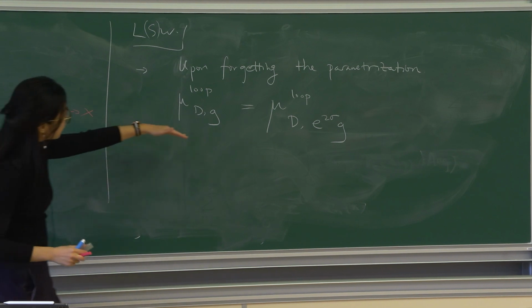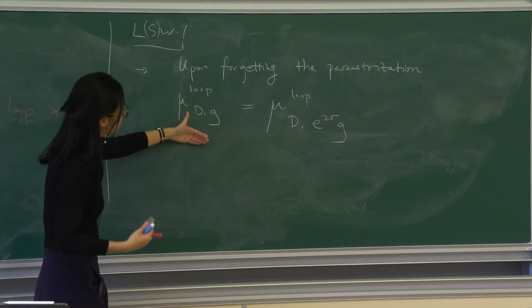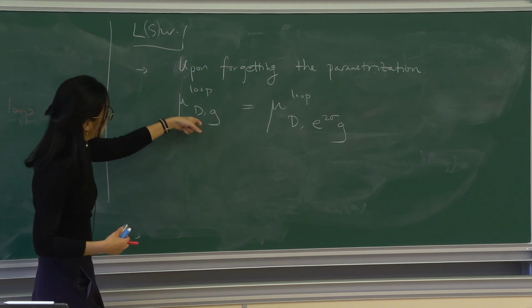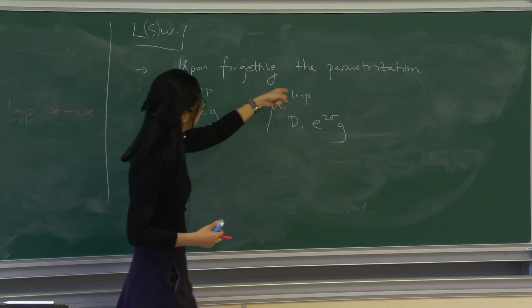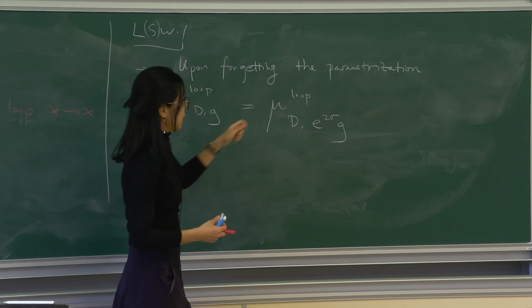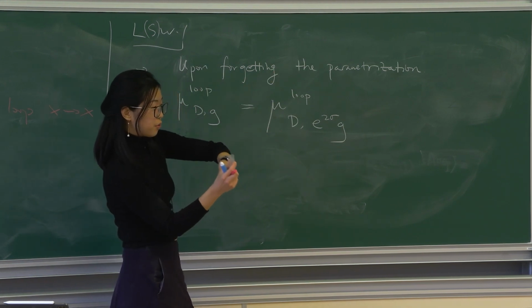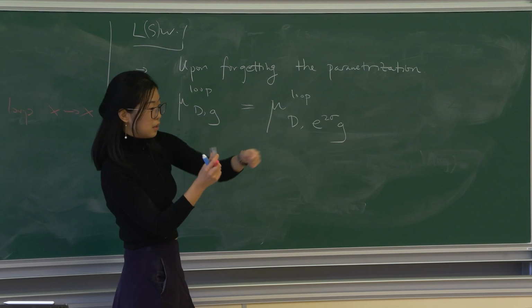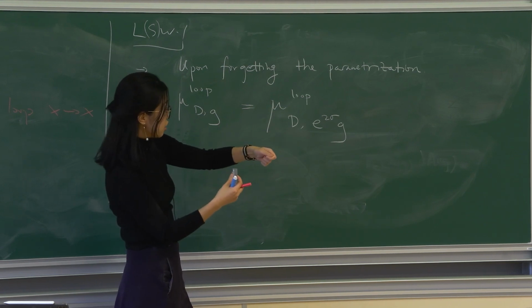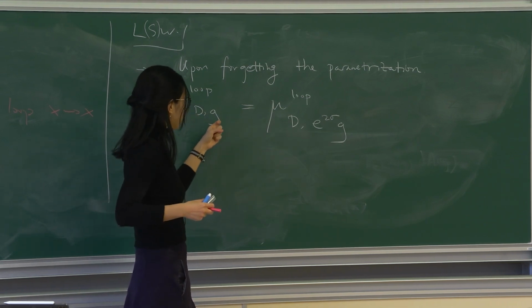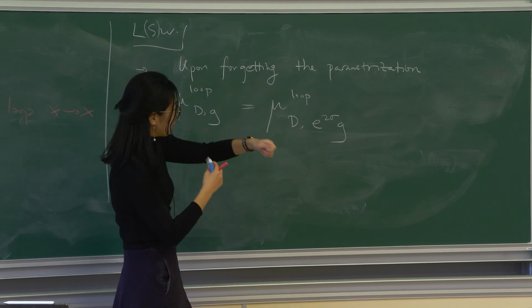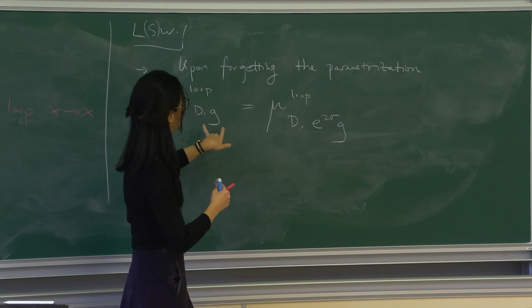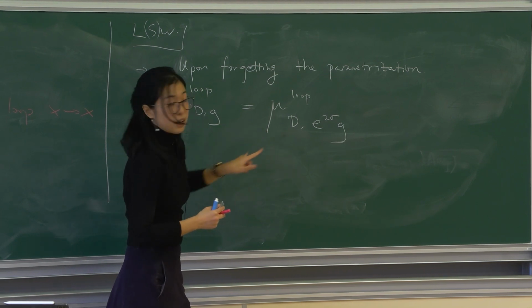So both of them define an infinite measure on the space of loops. If you forget about how these loops are parameterized, like how you go from x to y, there's a time given by the quadratic variation, which depends on the background metric. But if you forget about this parameterization, and also forget about which point they start from, then these two measures are actually the same.